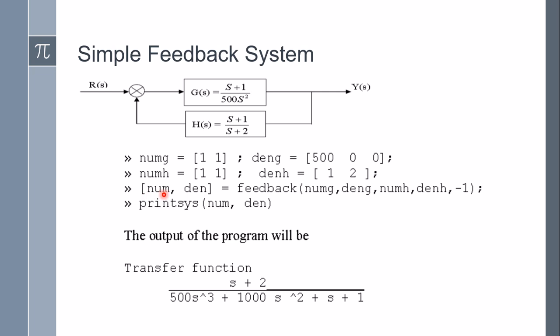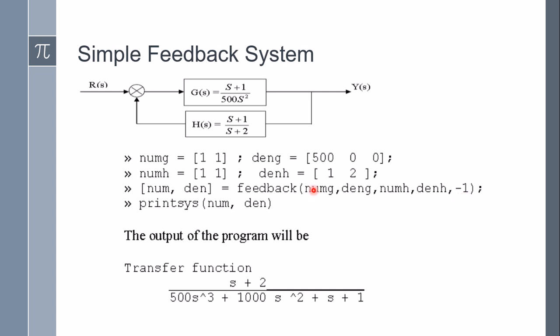Again, I am going to create one system, the net resultant of the system. How to get this? It is using the feedback command. So feedback of first system, comma second system, comma the type of feedback. This is the template.